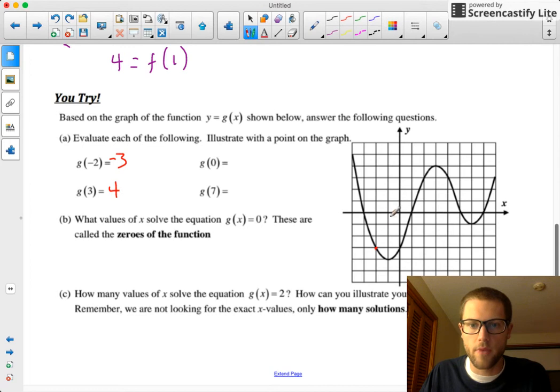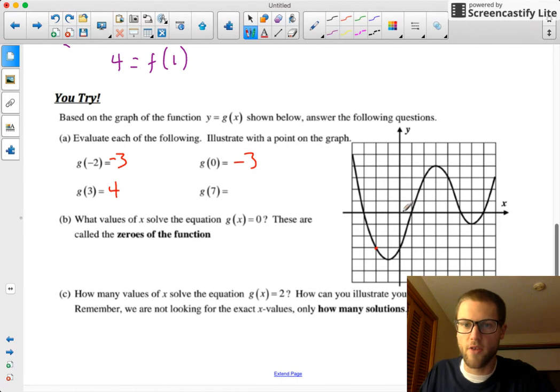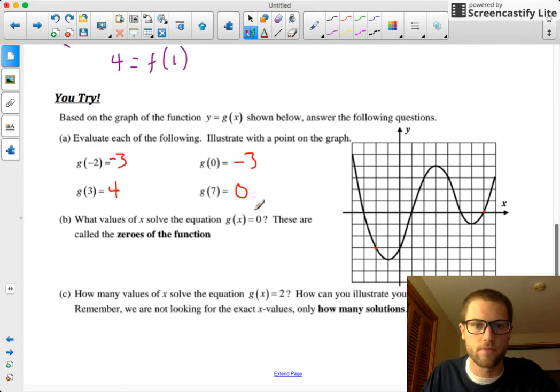G of 0, I have an input of 0, and I'm going to go down to find my output of -1, -2, -3 again. And finally, g of 7, let's follow the x-axis to find my input of 7. 1, 2, 3, 4, 5, 6, 7. And it looks like that output is at 0. So those are my outputs for the given inputs.